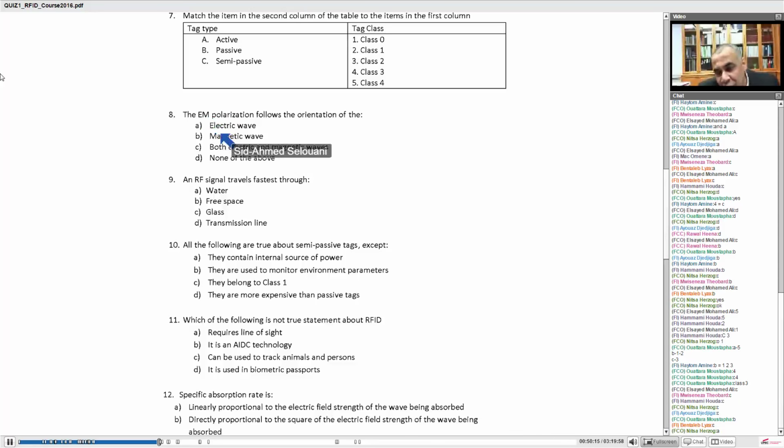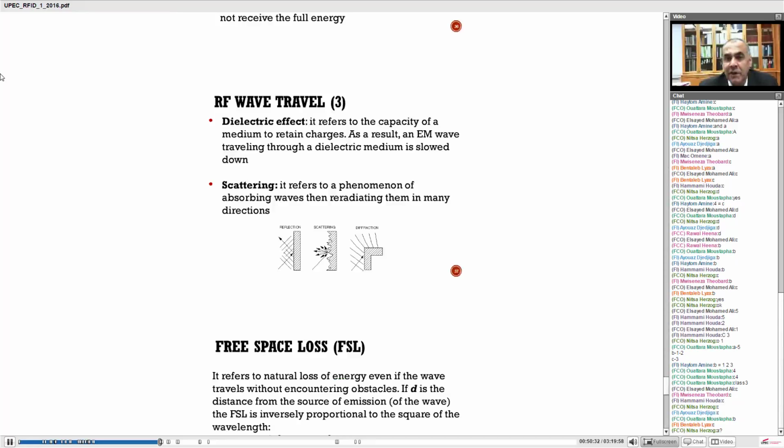Yes, exactly, A. Even if we have the two waves, electric and magnetic, the polarization is related to the electric wave, the electric field. If it is vertical, it's vertical; horizontal, horizontal; circular, circular.